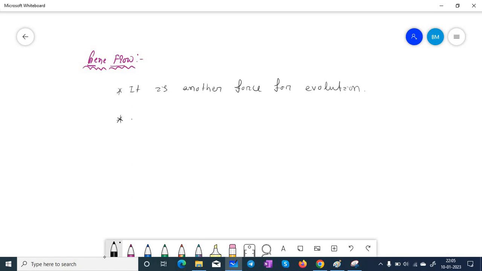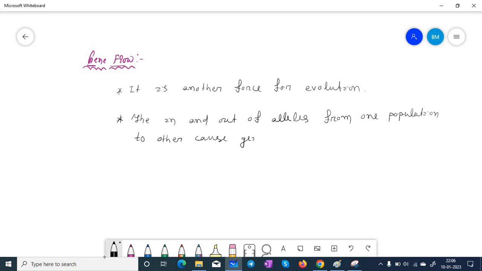The in and out of alleles from one population to another cause gene flow.